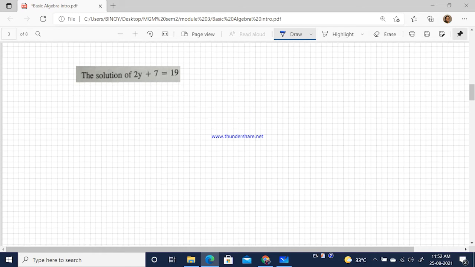Now suppose you are given 2y plus 7 is equal to 19. You are asked to find the value of y. So 2y plus 7 is equal to 19, so 2y is equal to 19 minus 7.